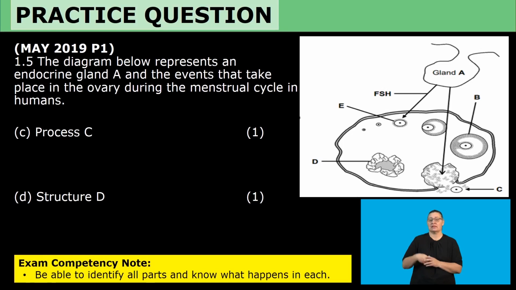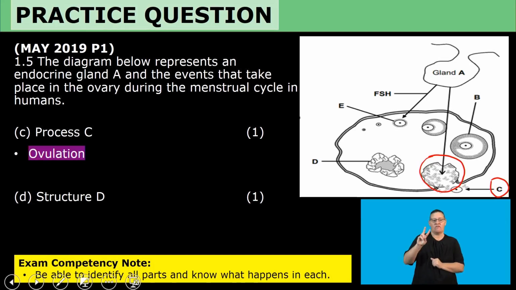Question number C: you identify process C. When you are identifying labels, it's just labels, but for a process, you cannot come and tell us this is a ruptured Graafian follicle, because the question is on the process itself that is taking place. The process there is ovulation. The ripe ovum is being released. And structure D is the corpus luteum.